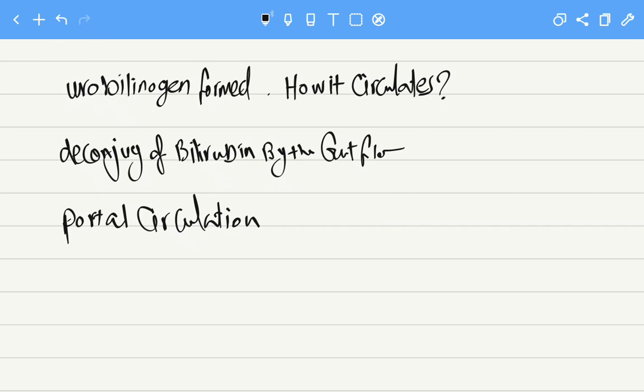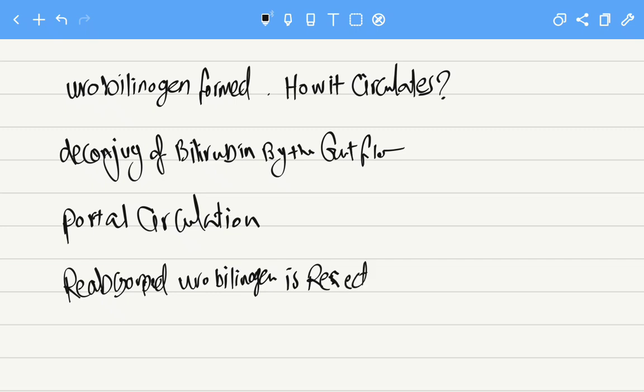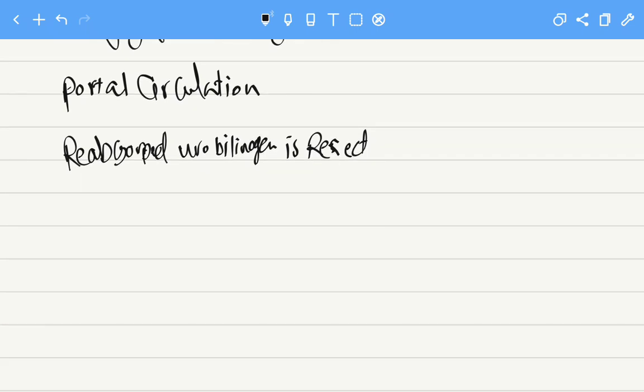Some of the reabsorbed urobilinogen is re-excreted by the liver, but a small amount enters the systemic circulation and is excreted in urine.